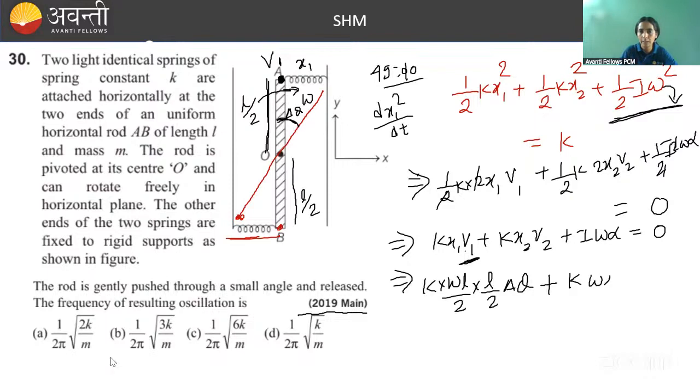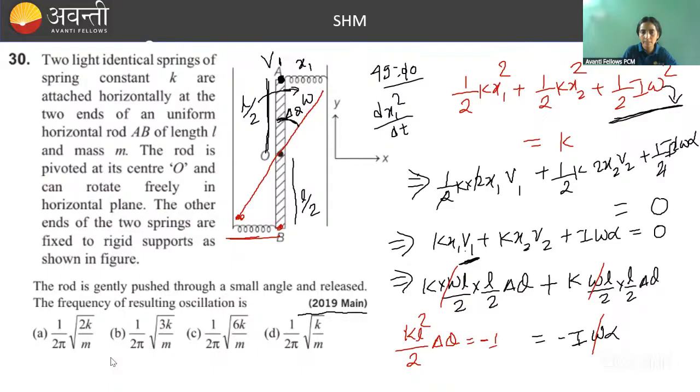So k omega l by 2 into l by 2 delta theta, and this is equal to minus I omega alpha. देखो यहाँ पे मैंने ओमेगा का टर्म लिखा है ना? हाँ लिखा है. अब आप इसको सॉल्व कर दो. ओमेगा कैंसिल हो गया, और यहाँ पे एल बाई टू इंटू एल बाई टू, के एल स्क्वायर बाई फोर, एंड दिस इज ऑल्सो के एल स्क्वायर बाई फोर. सो बेसिकली के एल स्क्वायर बाई टू into delta theta is equal to minus I alpha.